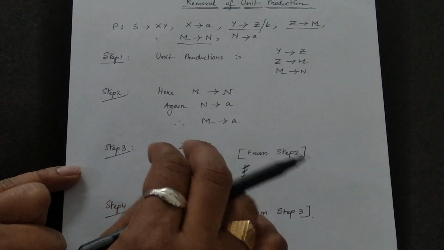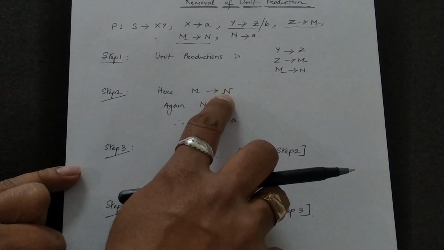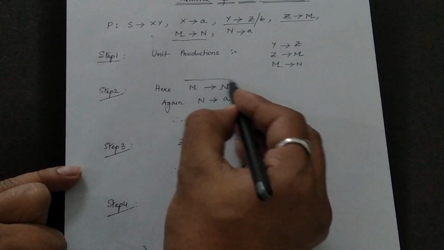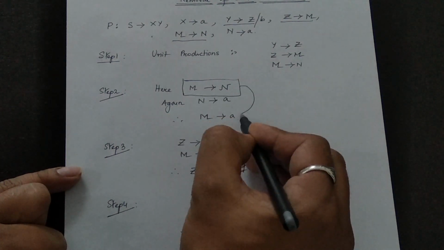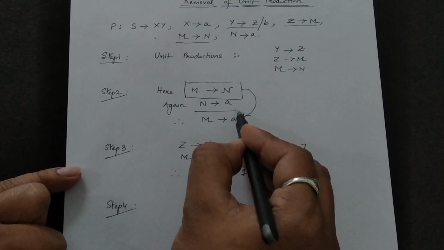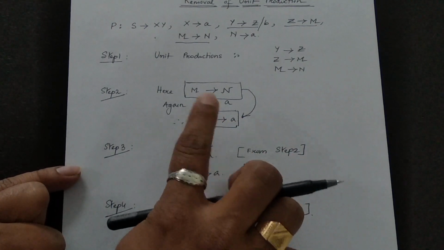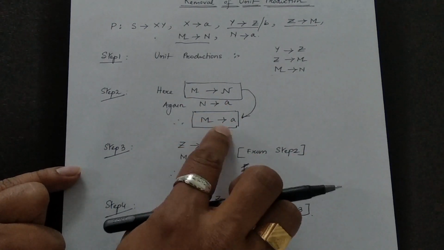As simple as that. So M tends to capital letter N will now be replaced by M tends to A. So I can note it down over here. These things you can write in your own words, correct? After finding this, we can replace M tends to capital letter N by M tends to A.